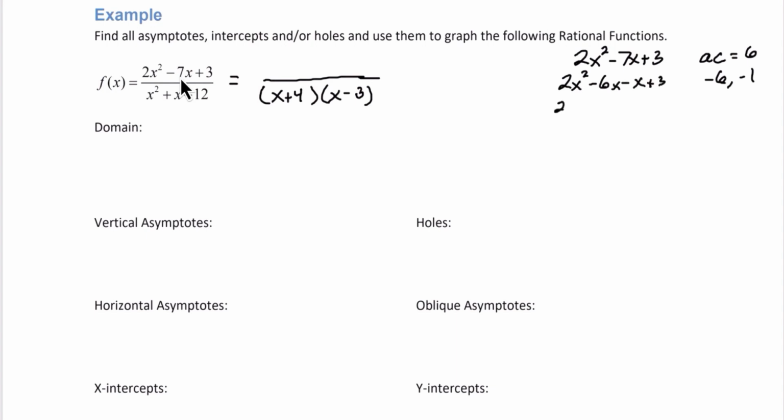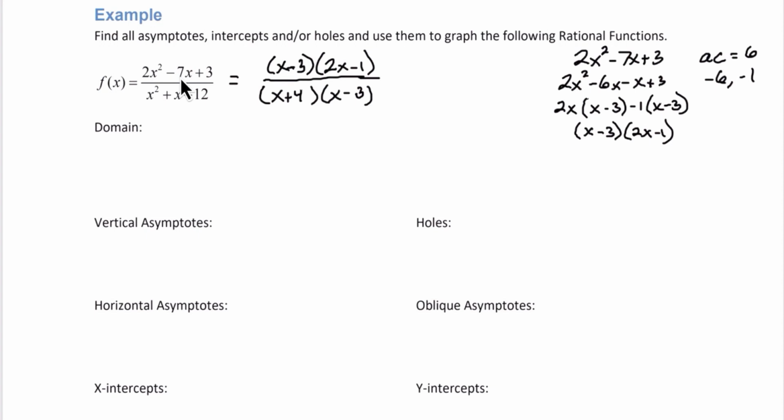Now factor by grouping. Continue factoring, pulling out x minus 3, and we're left with 2x minus 1. So we'll replace the numerator with the factored form, x minus 3 times 2x minus 1.